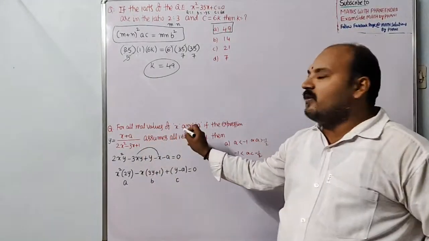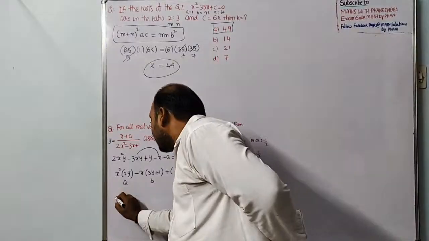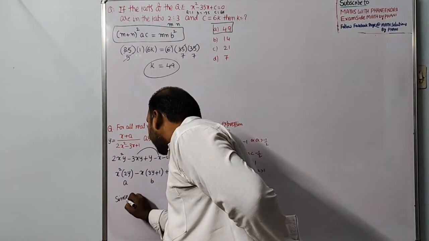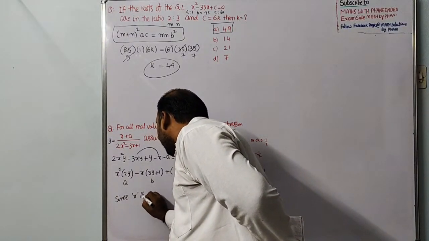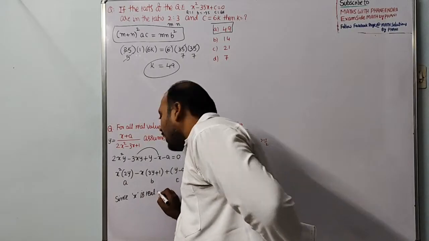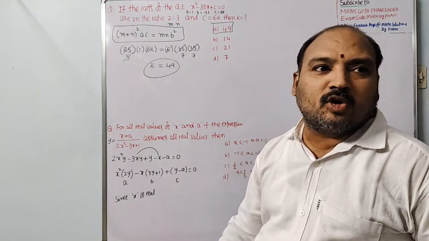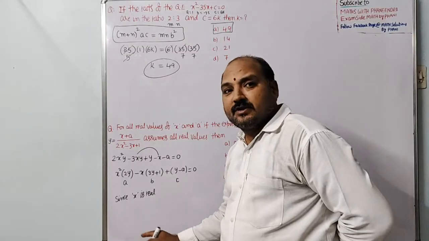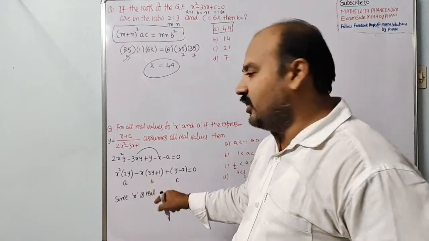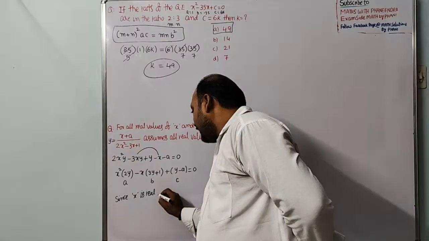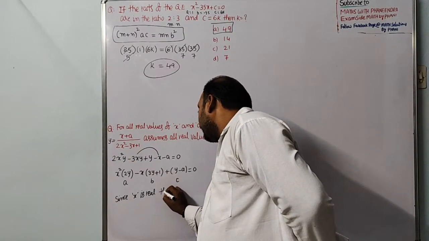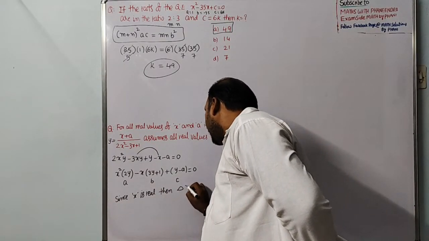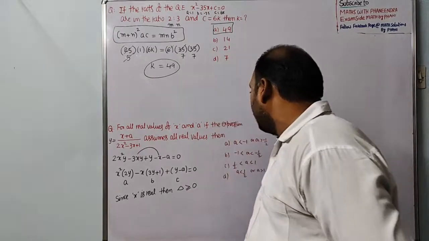Since for all real values of x, since x is real, these will help in DSC mathematics also. DSC mathematics intermediate syllabus, it will be helpful for you. X is real, then delta should be greater than or equal to 0.